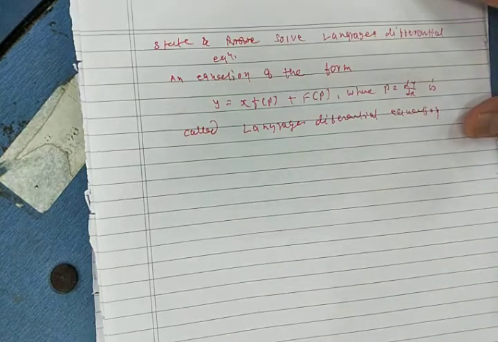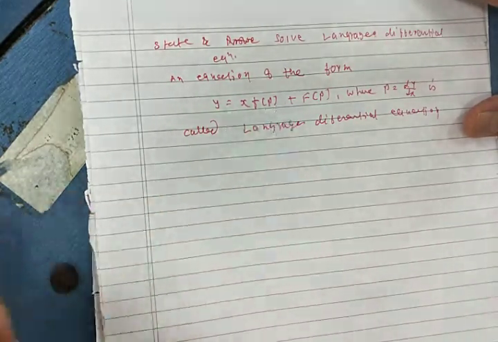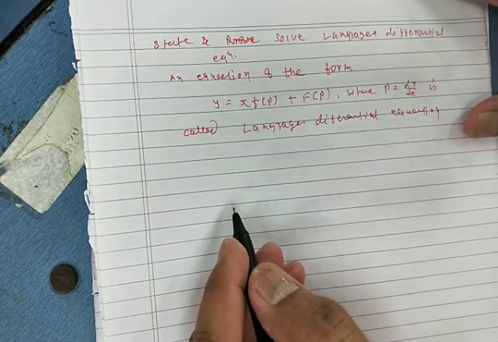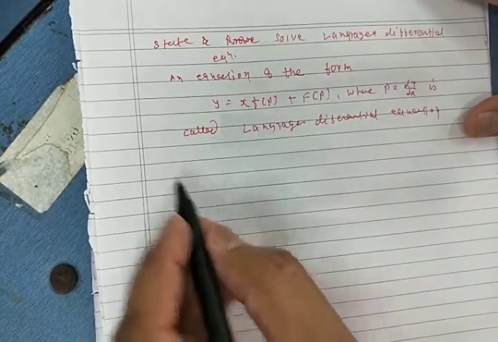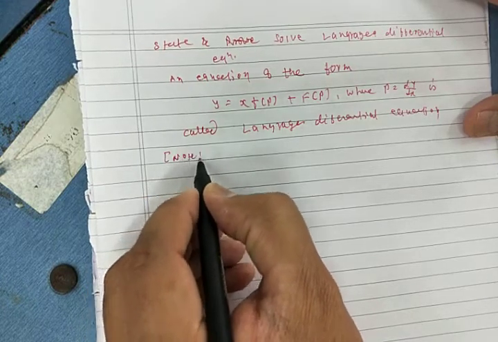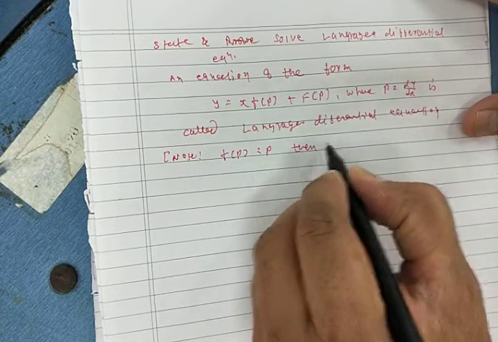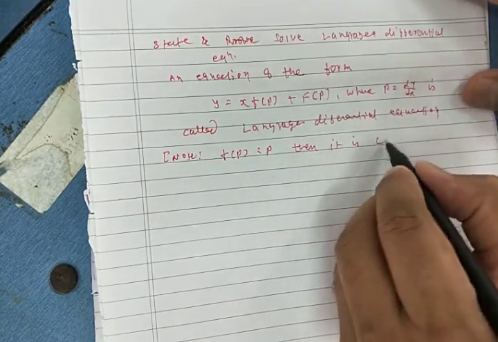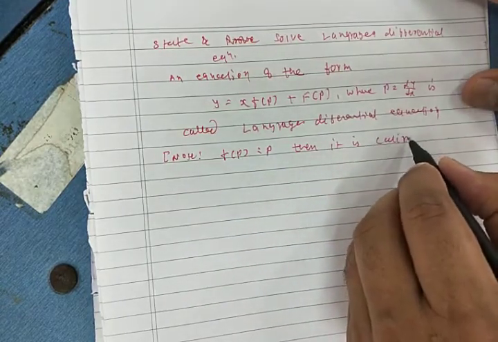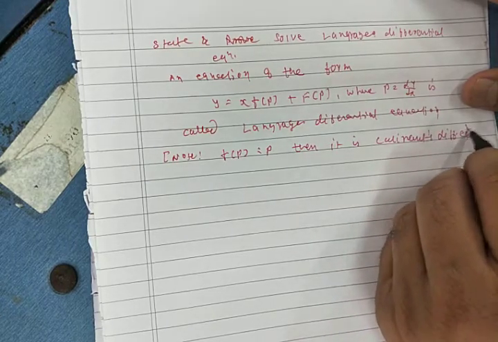Now see here. Lagrange's differential equation is also known as Clairaut's differential equation for a particular case. Put that as a note. If f of p is equal to p, then it is Clairaut's differential equation.